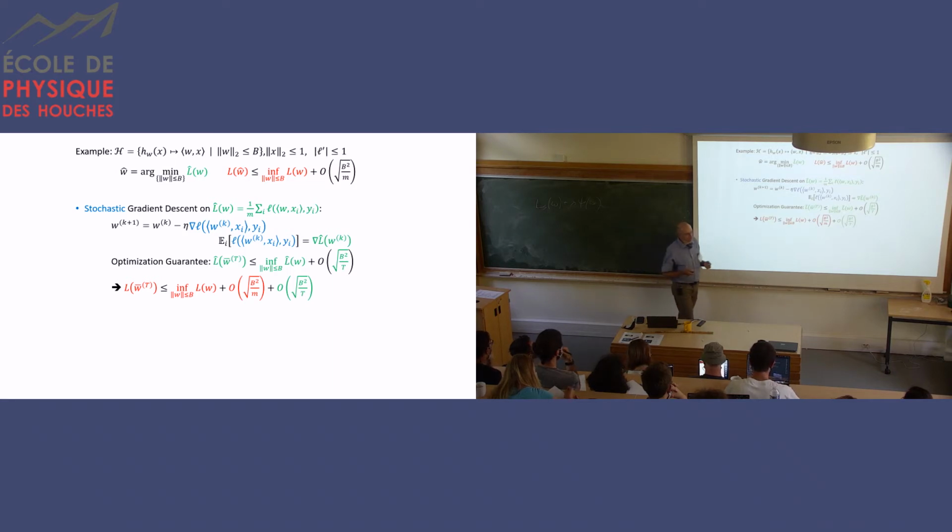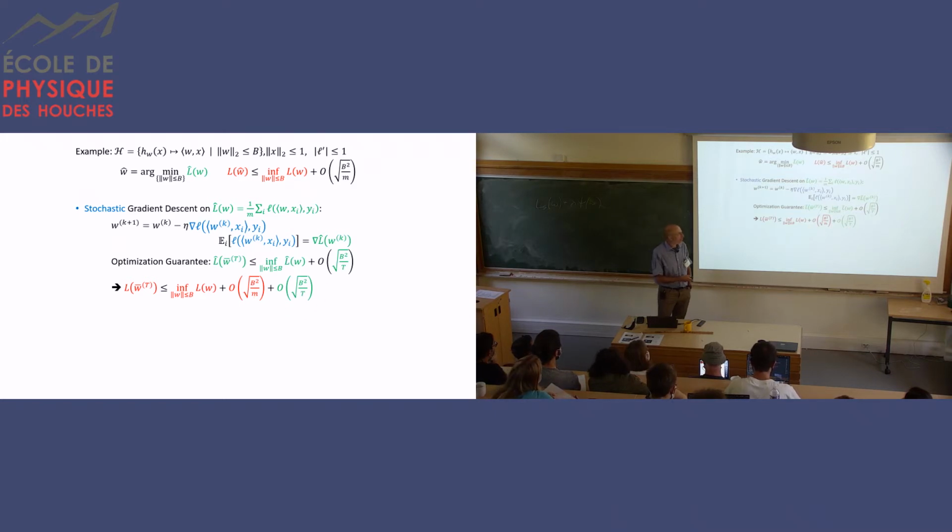So from this view we can ask, how many samples do we need and how many iterations do we need? In order to get both of these to be small, we need the number of iterations and the number of samples to be roughly the same. If I want to be epsilon close to the best possible in the class, I need both of these terms to be about epsilon.